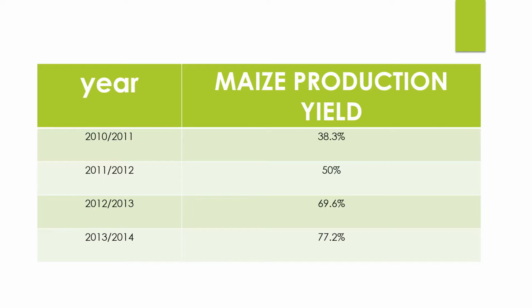In 2012 to 2013, the production was 69.6%, and from 2013 to 14, the maize production yield was 77.2%. Maize is the second most important crop after rice in terms of production in Nepal. So this fiscal year, despite an expected marginal drop in paddy production, a bumper maize harvest has increased the country's overall cereal output.